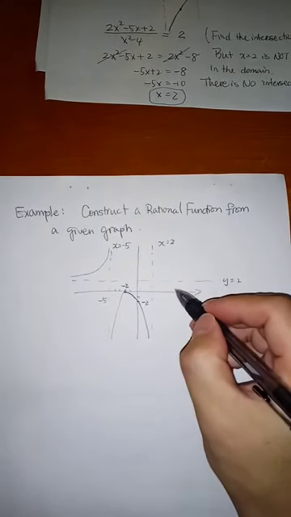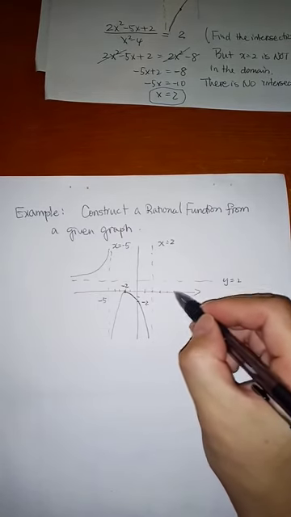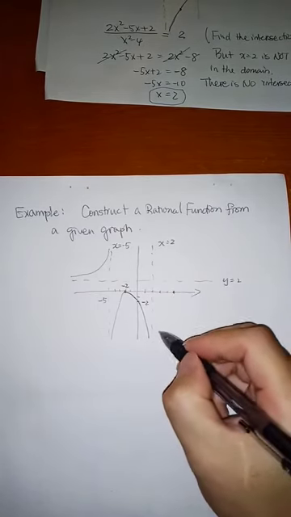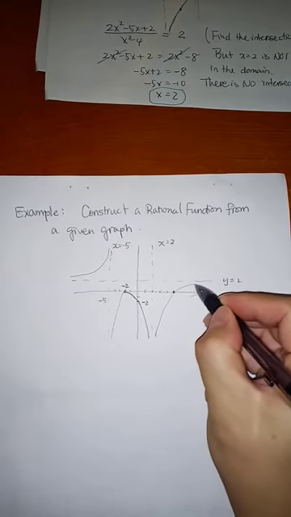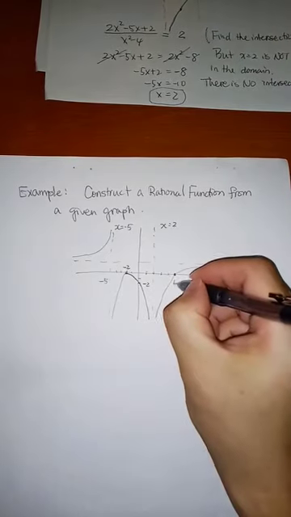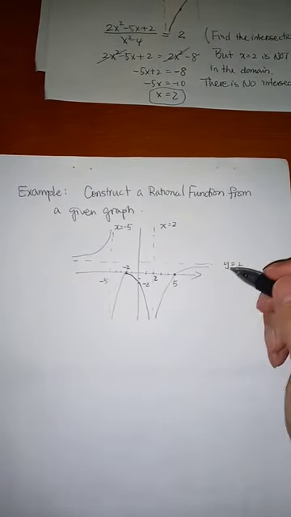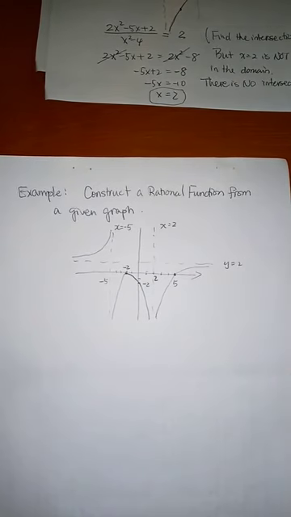And another thing is that this is 2, 1, 2, 3, 4, 5. At 5, the graph is like this. This is the given graph. We want to construct a rational function with this given graph.